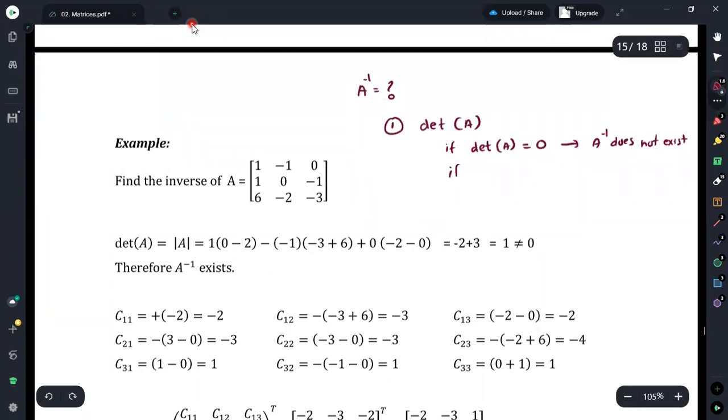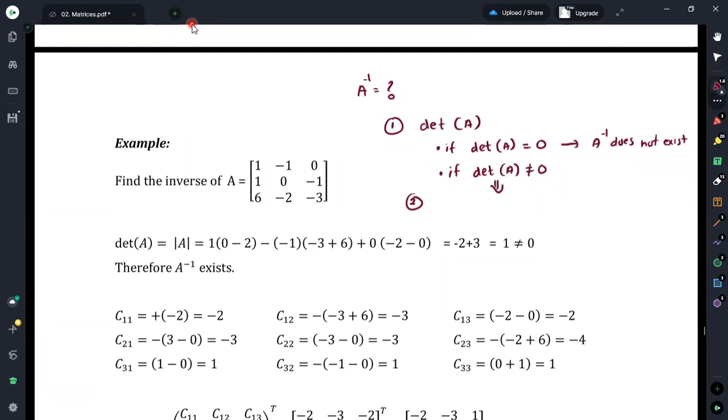But if the determinant of A does not equal 0, then we have to move on to the second calculation. If it is not equal to 0, then we have to move downward. If it is not equal to 0, we can say that this suggests that A inverse exists.